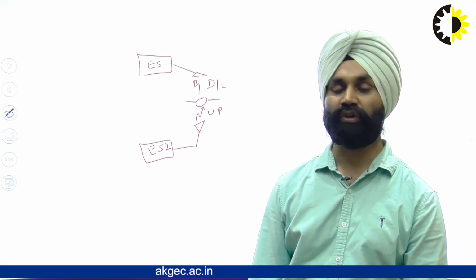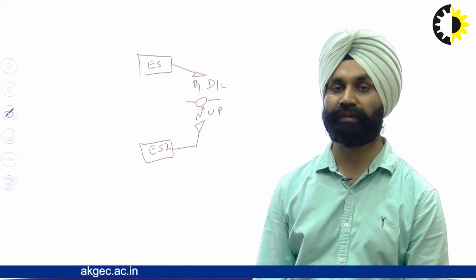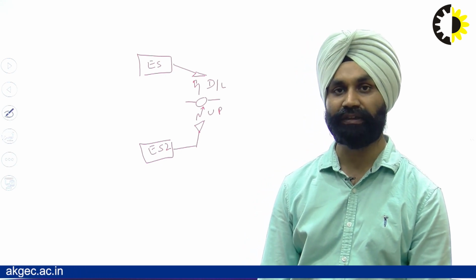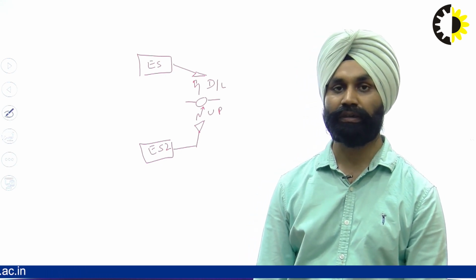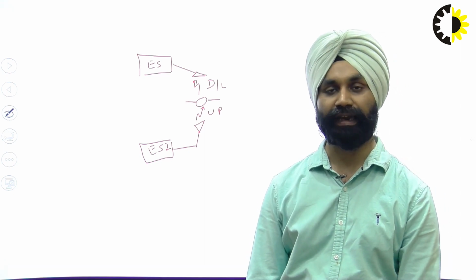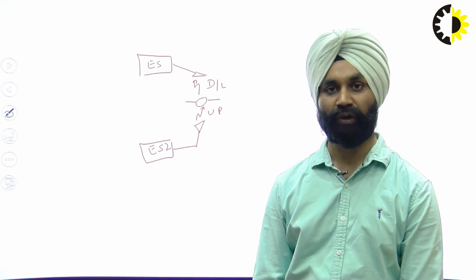Uplink frequency is always taken as the higher frequency and downlink as the lower frequency, because for higher frequency there will be more attenuation in the atmosphere, whereas for low frequency the attenuation will be lower.